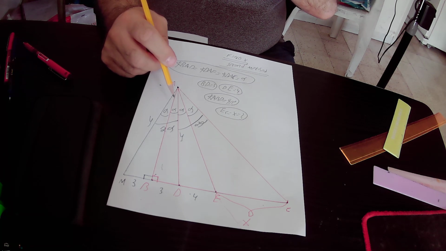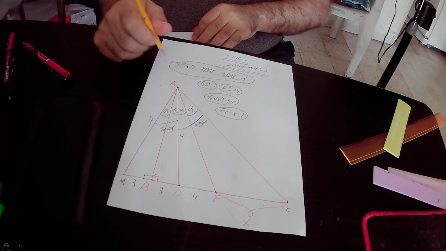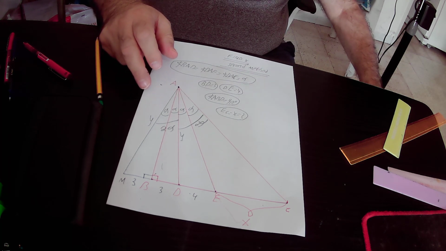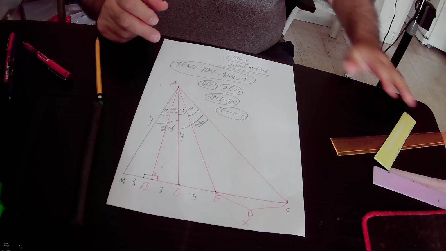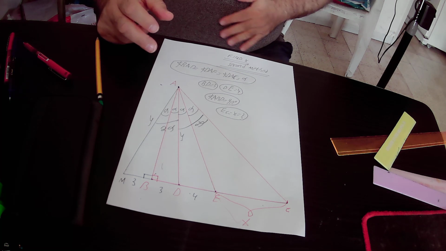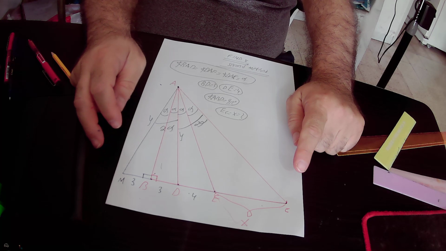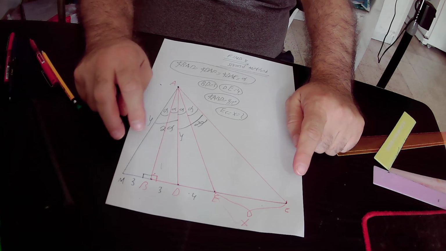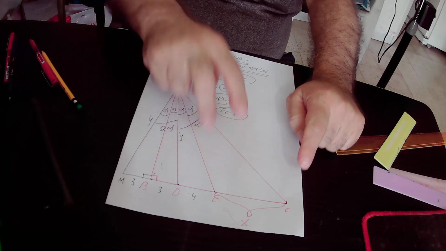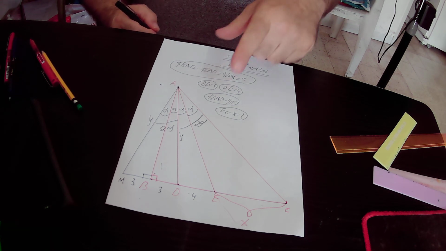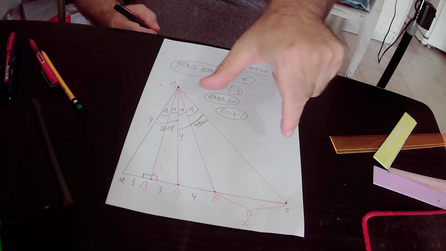So AD is angle bisector in the big triangle AMC, and according to the angle bisector theorem, the angle bisector AD divides side MC in a ratio of MD over DC.